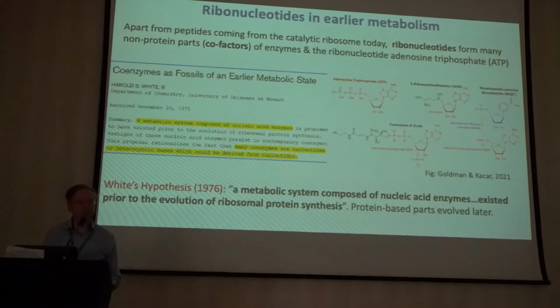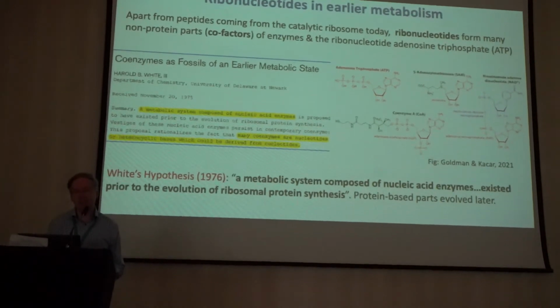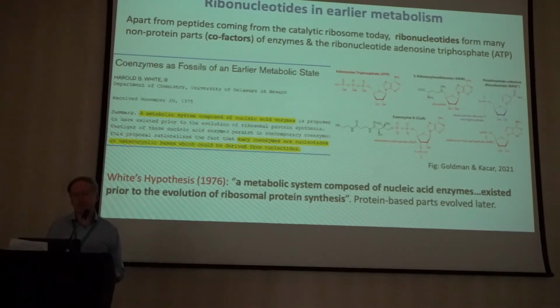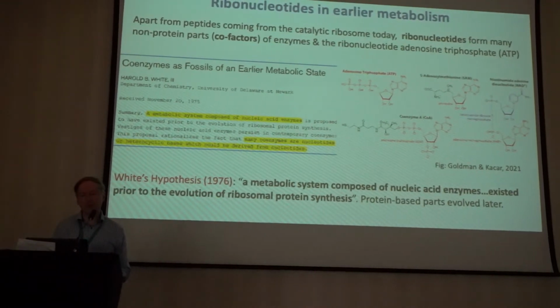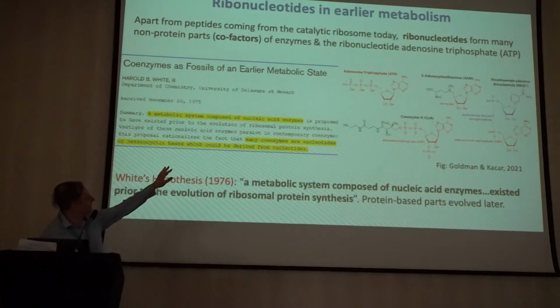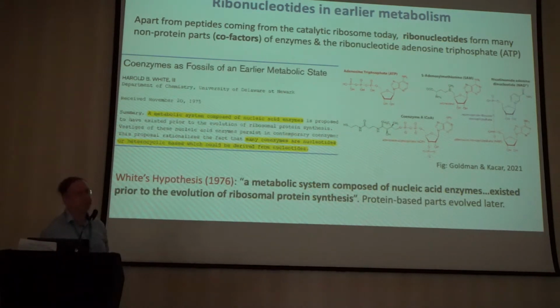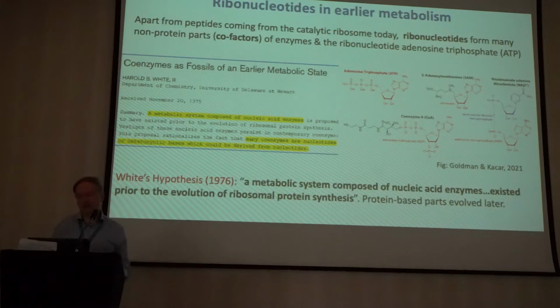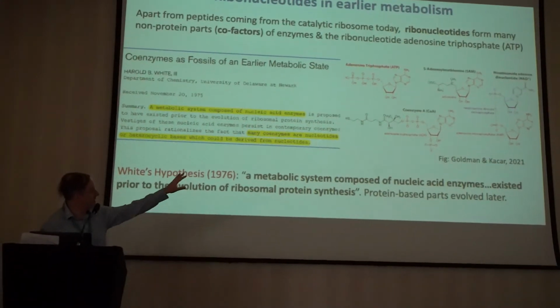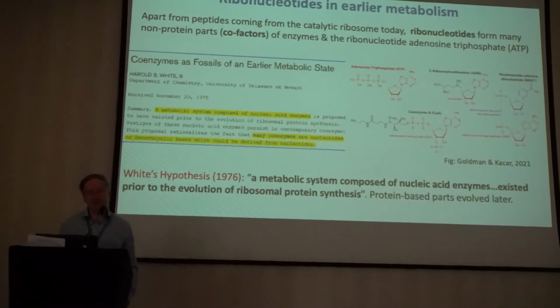So this was proposed a long time ago, back in the 1970s, that coenzymes, these non-protein parts of enzymes, show that there are in fact moieties of RNA present in today's enzymes. So you can see on the right there, that's from a recent paper, there are these parts of enzymes that basically are nucleobase or nucleotide in their form. And this was put forward by Harold White.